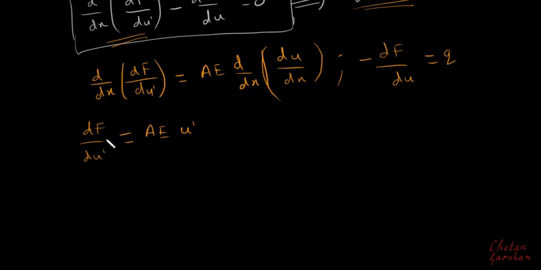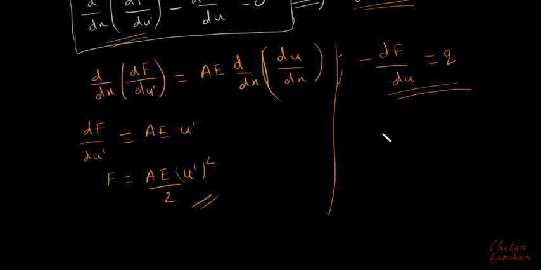Since I want to find f, I again integrate with respect to u dash, which gives AE u dash square by 2. This is one term, and on this side I get f equal to minus q into u.